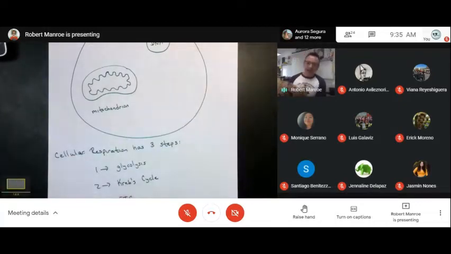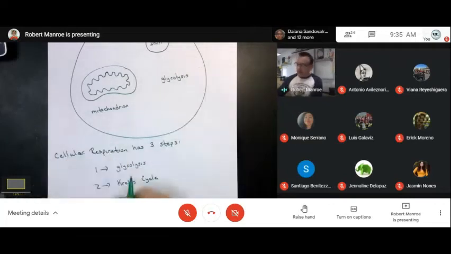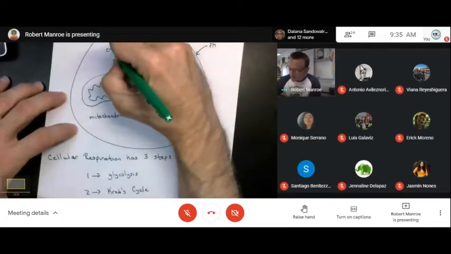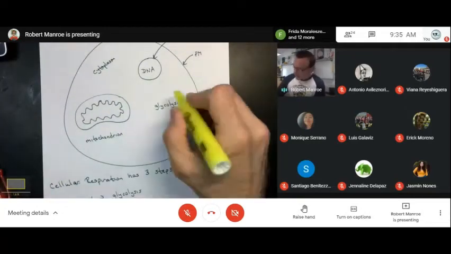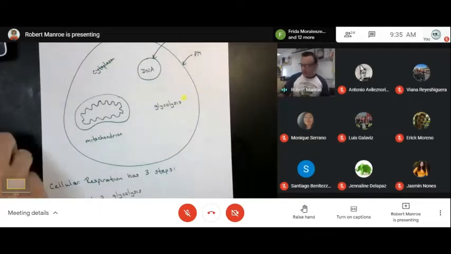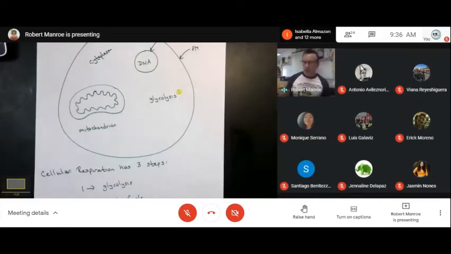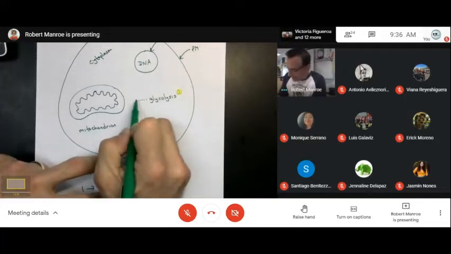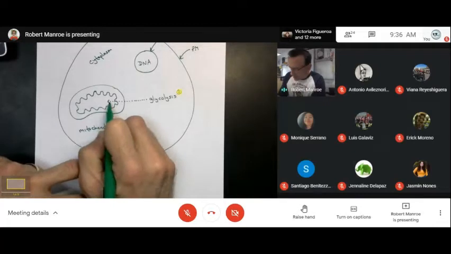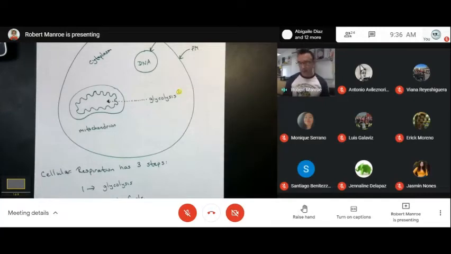All right, so we say that cell resp happens in the mitochondrion for the most part, okay? Glycolysis happens out here in the cytoplasm. Okay, so glycolysis is a cytoplasmic process. And all this is the splitting of the carbon rings in sugars into a chain. That's all it is. Simple, okay? Then the products of glycolysis are shuttled into the middle, the center, the core of the mitochondrion, okay?